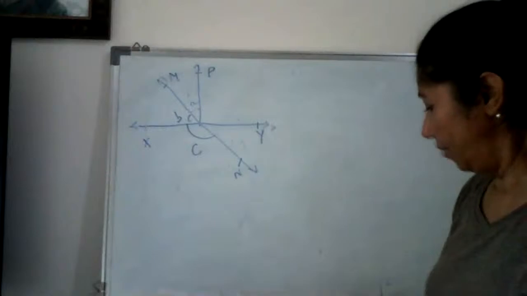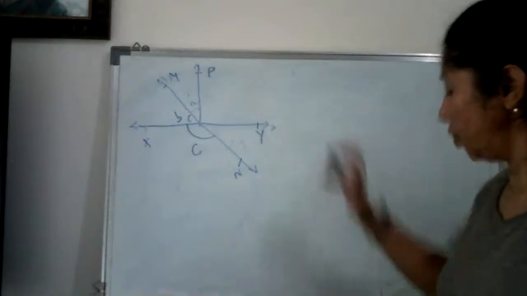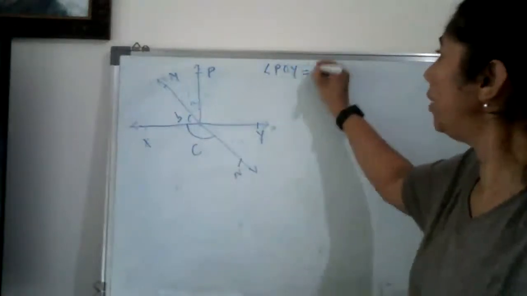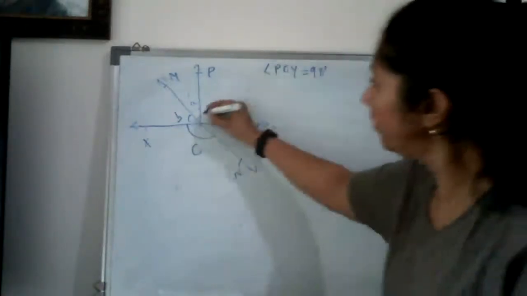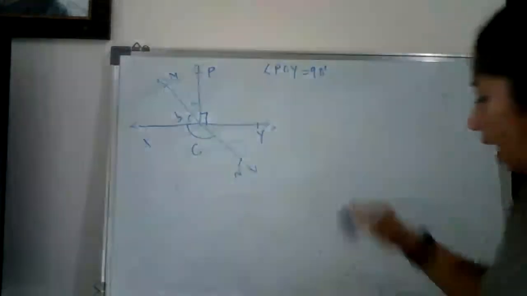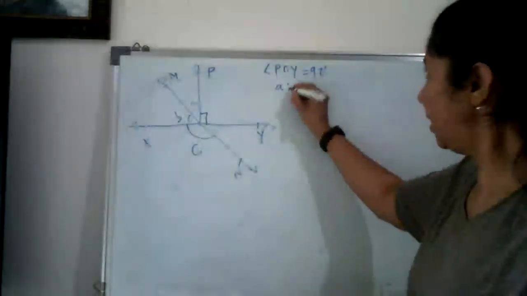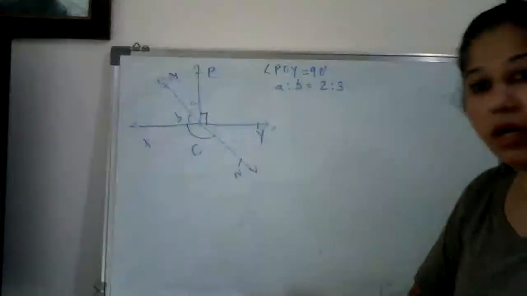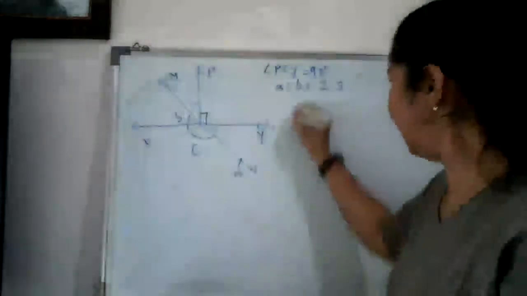What are you given with? We are given two things. Angle POY is 90 degree. So you see angle POY as 90 degree here. And you're given that the ratio of A is to B is equal to 2 is to 3. You have to find out the value C.